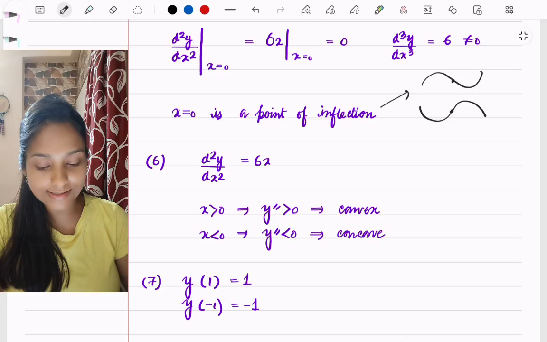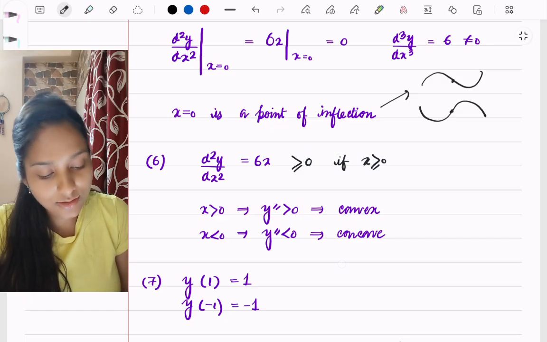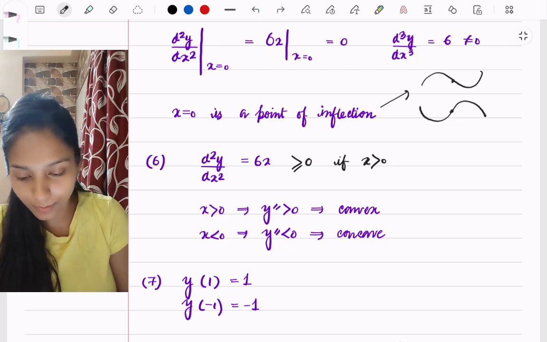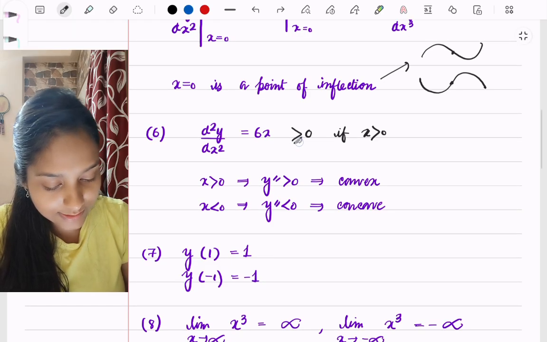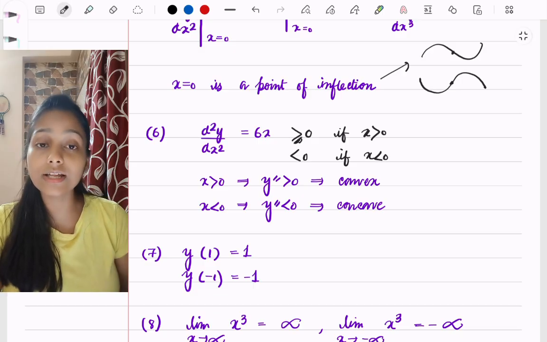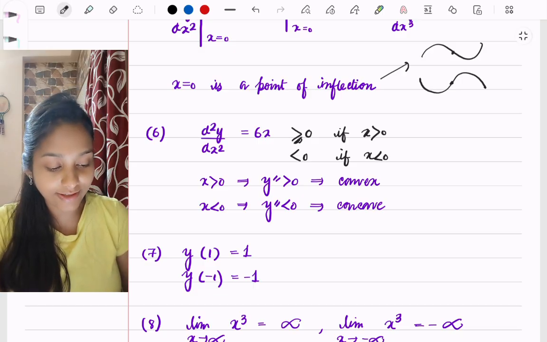From here we can say that 6x will be greater than 0 if x is greater than 0, and less than 0 if x is less than 0. So for x greater than 0, the double derivative is greater than 0. That means the function is convex.